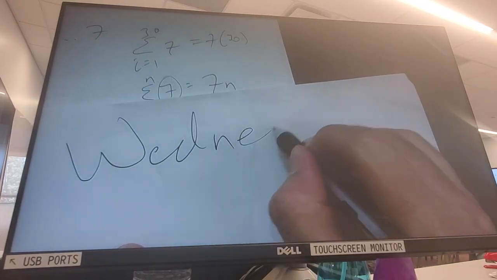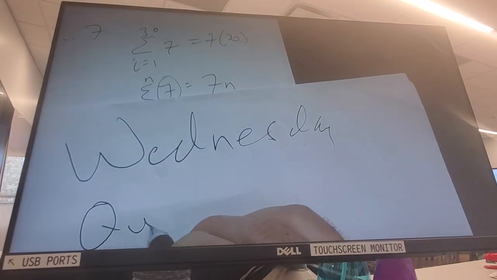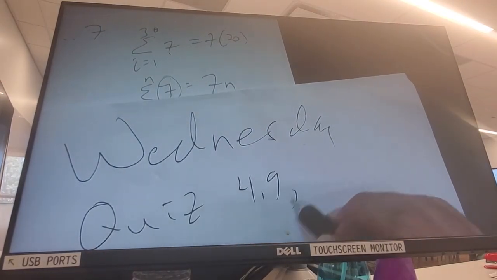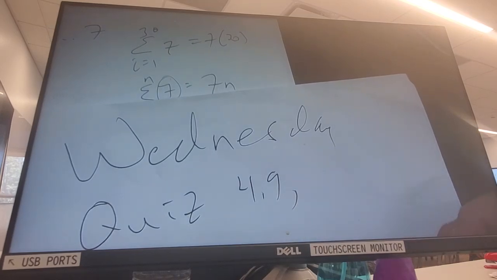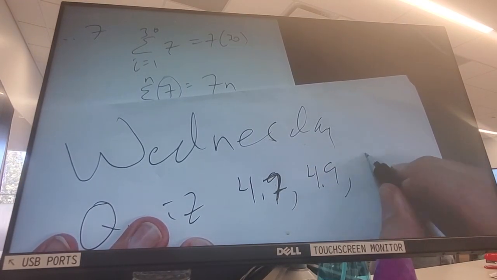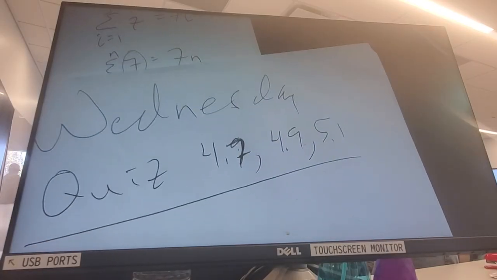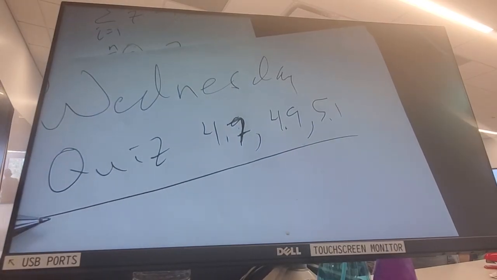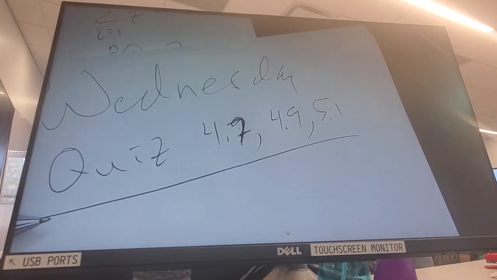Wednesday, quiz, 4.7, 4.9, 5.1. So there'll be optimization, antiderivatives, and the rectangles, the 6 rectangles, not the infinite rectangles.